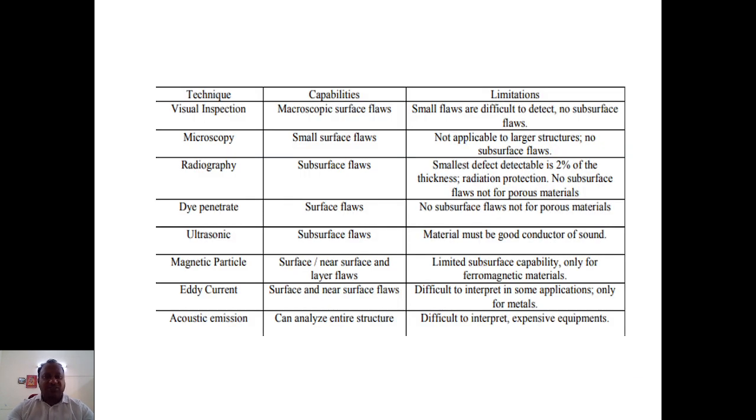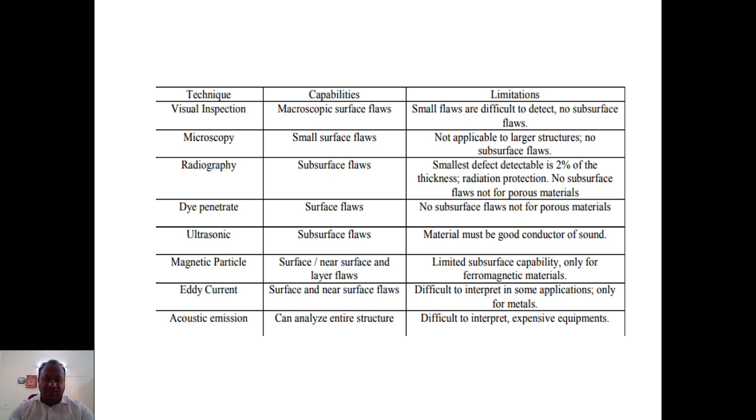For visual inspection, the capabilities are macroscopic. What is the limitation here? Small errors are difficult to detect. By visual inspection, we can only see a normal range, and beyond that we are not able to identify errors or defects. For that, we go to the microscope or radiograph. Radiography can detect small defects, about 2% of the thickness, but radiation protection is required.